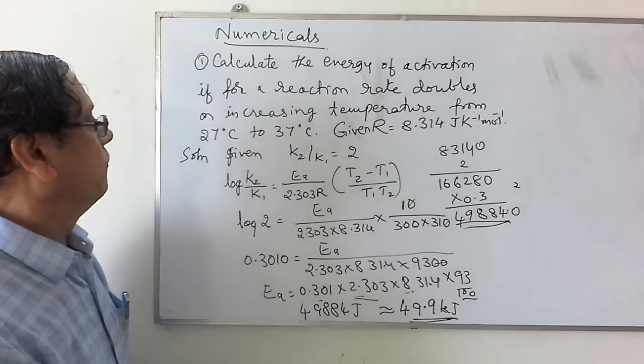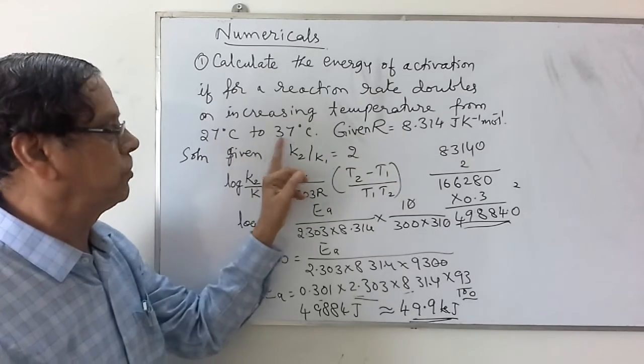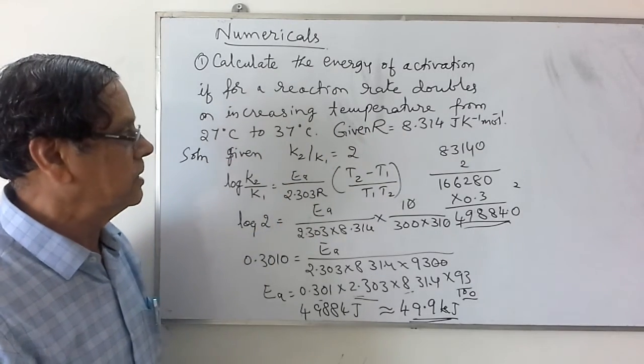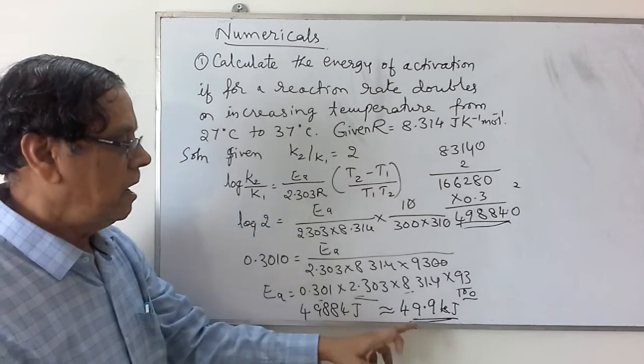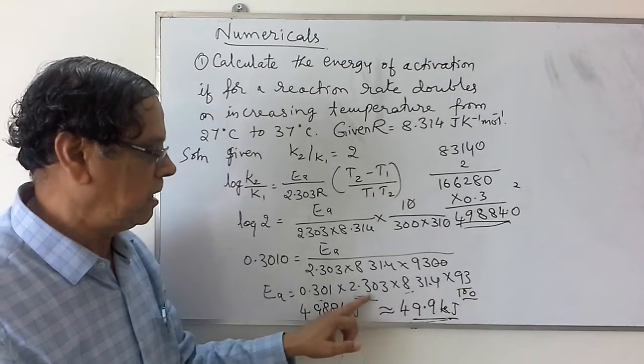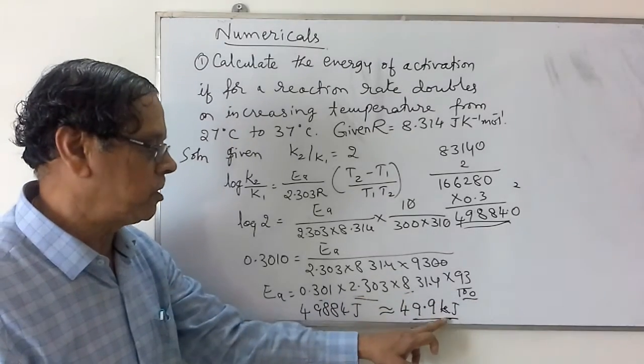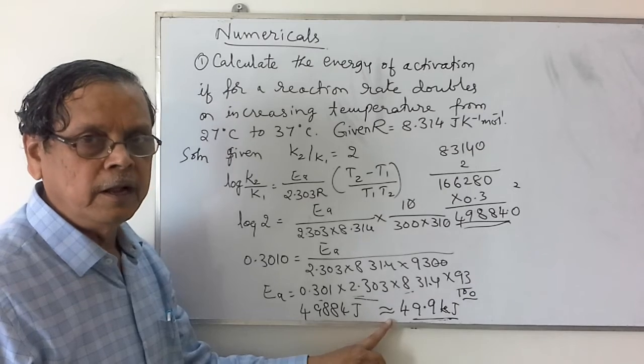So since the velocity constant increases by 2 times by increasing the temperature from 27 to 37 degree Celsius, and R is given, I am calculating approximately. If one number is increased, the other number should be decreased in multiplications, so that we can have approximately 49.9 kilojoules.